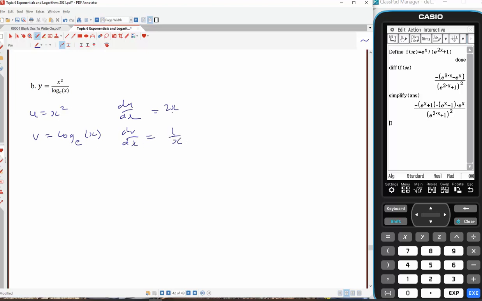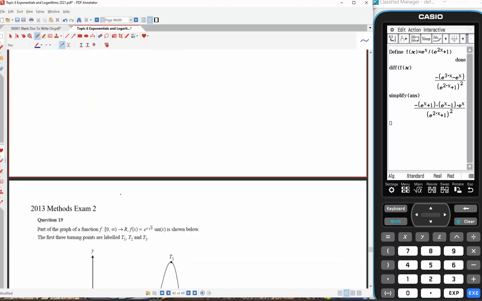So it's going to be v du/dx, take away u dv/dx, which is x squared over x, which is just x, over v squared, which is log e x all squared. Nothing we can do with that.